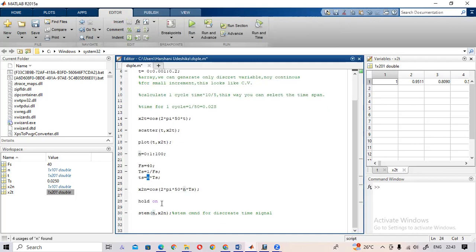Now when I plot this, I have to use this time value, the corresponding sample time, not the sample number. The sample number is 1, 2, 3 like that, so it is independent from the time.